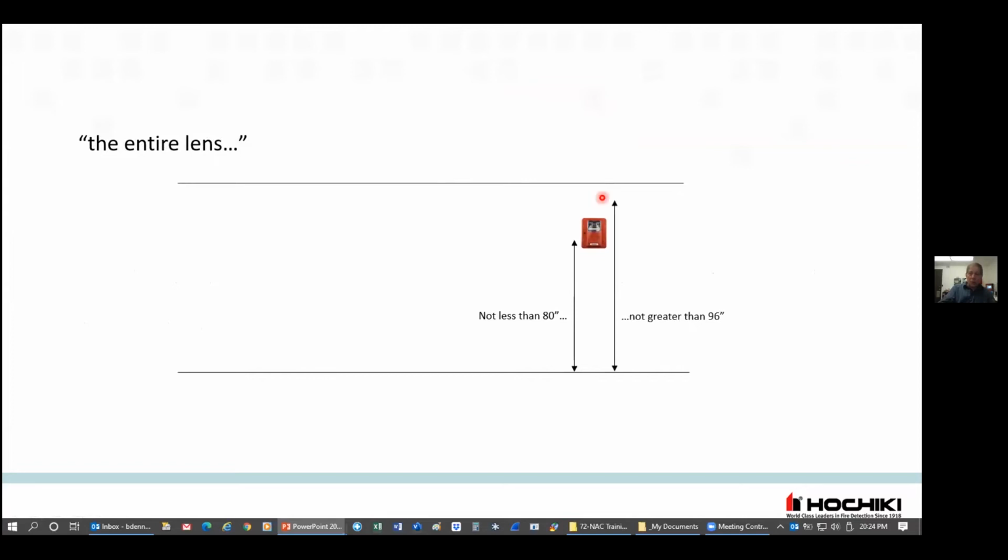So there's going to be this little window of space here, and we need to be sure that the entire lens of the appliance is located within that little space on the wall.